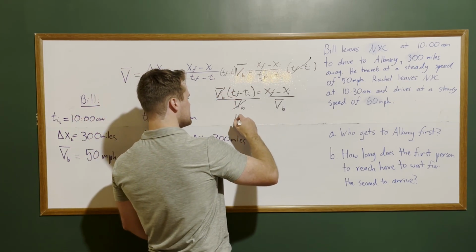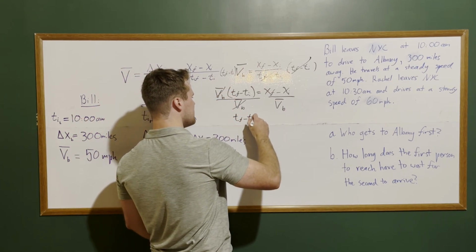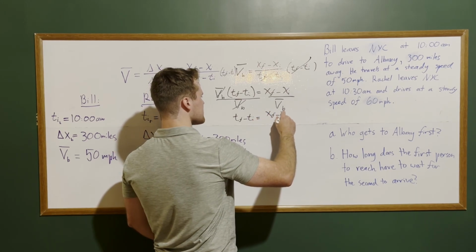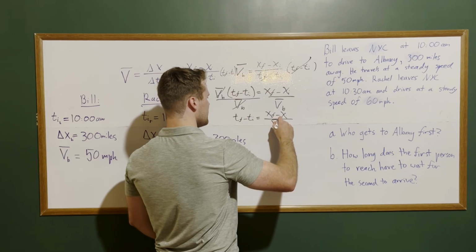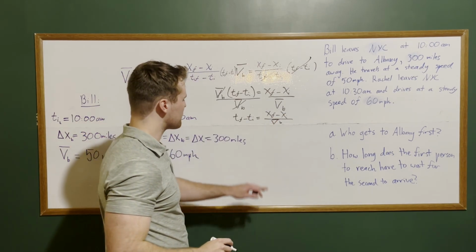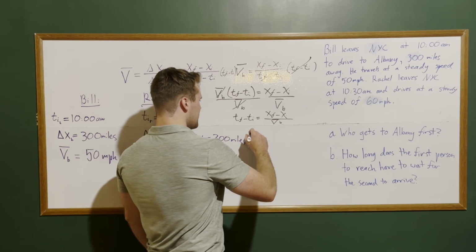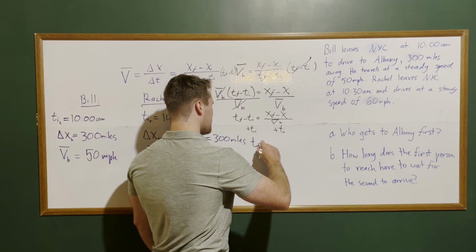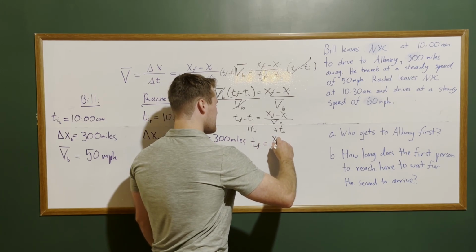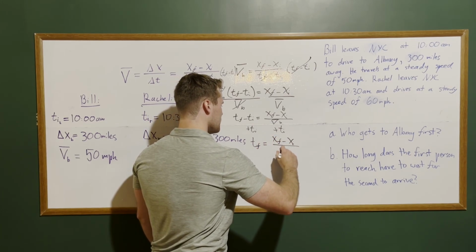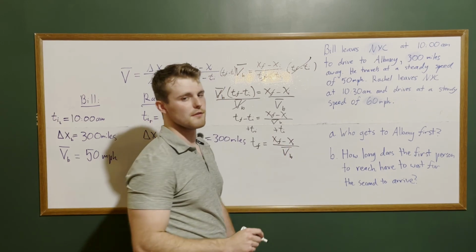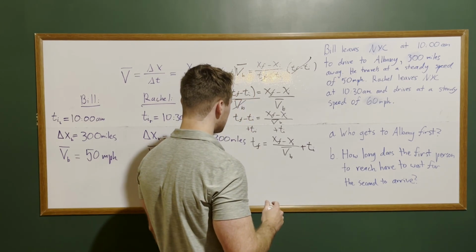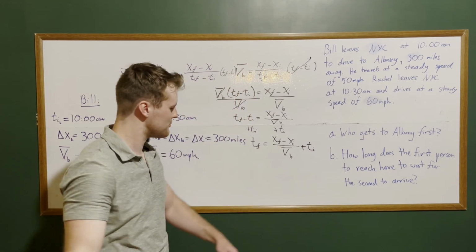And now we have t f minus t i equals x f minus x i over v sub b. And last step, we're going to move t sub i to the other side: plus t sub i. T sub f equals x f minus x i all over v bar sub b, because we're solving for Bill right now, plus t sub i. Okay, now let's plug in our numbers and see what values we get.